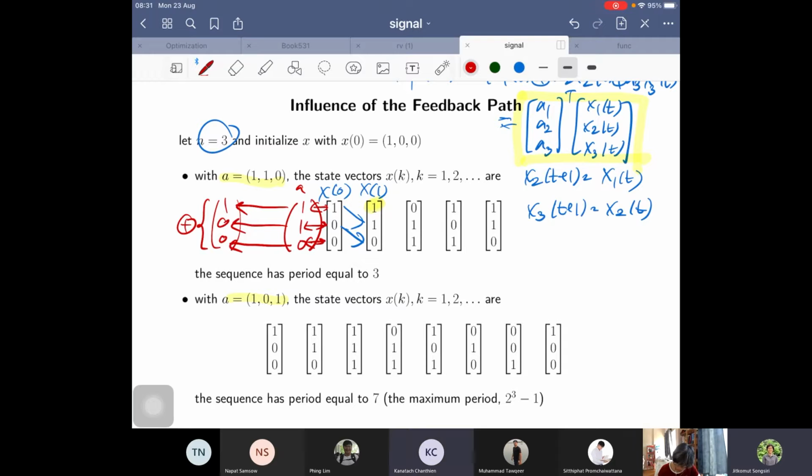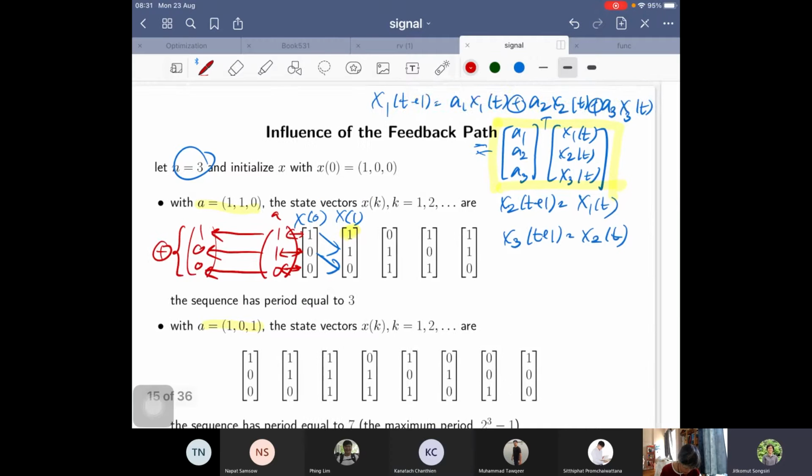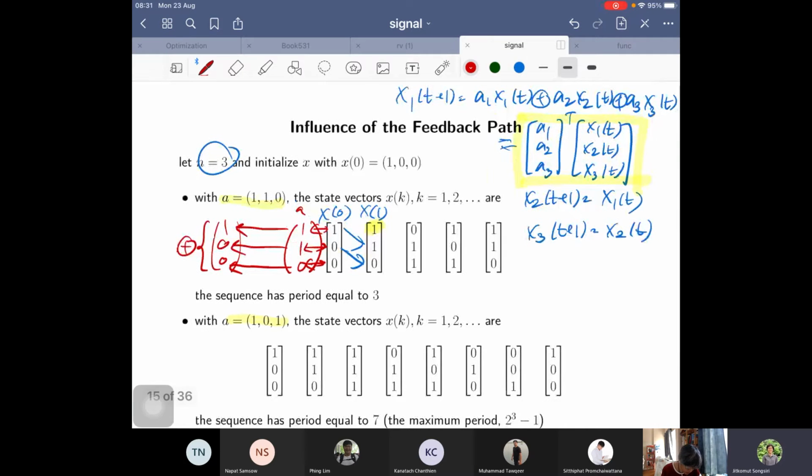Could you repeat the question again? Okay, what we are doing is we just evaluate the term in the yellow box. We are verifying that x1 at the time step of 1 is actually 1.